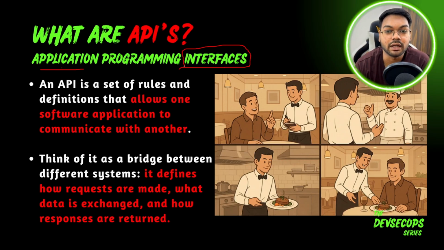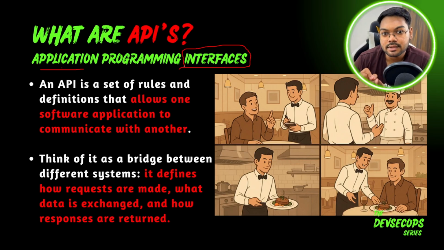There is someone called a waiter. The waiter comes up to us, gives you the menu card, and says, "Here is the menu, and this is what you can order." You check the menu list of what you can order in this restaurant. Then based on that, you say, okay, bring a Manchurian or pav bhaji to me, dear waiter.